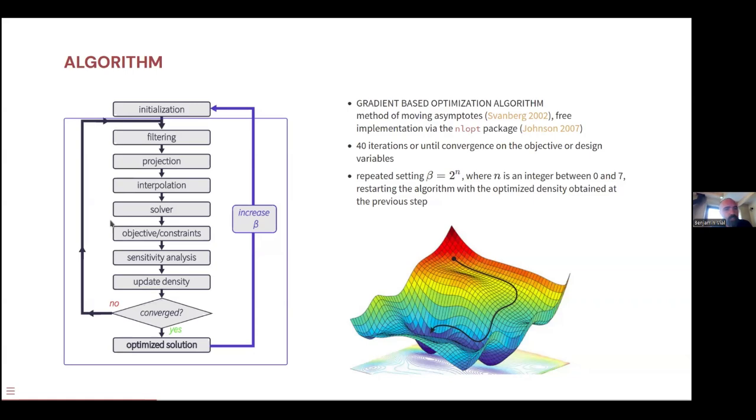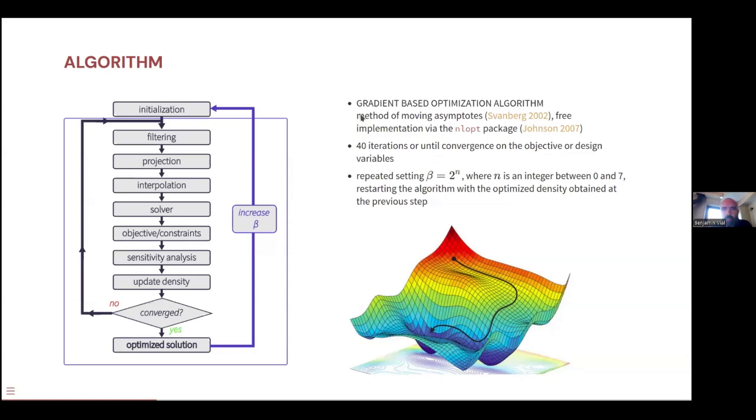And from that, you can evaluate the objective you want to minimize and the constraints associated. So here the key step that I'm going to develop a bit further next is to do some sensitivity analysis. So how much does your objective function change when you change your design variable? And then you update the density according to your optimization algorithm.